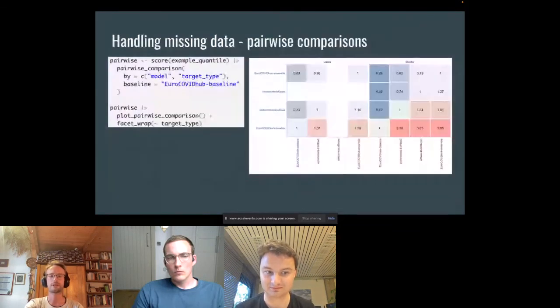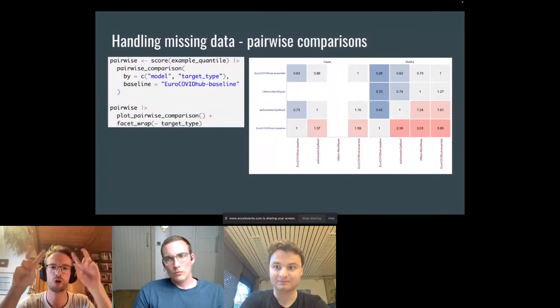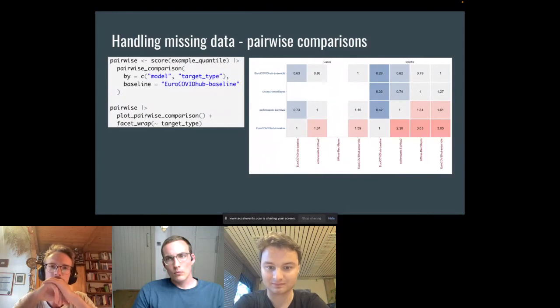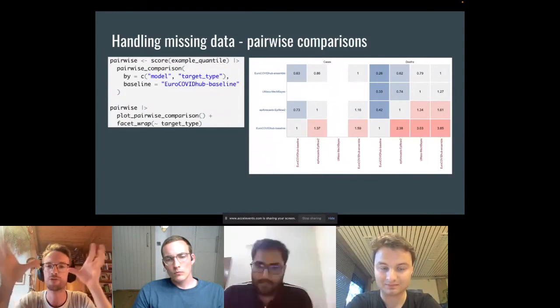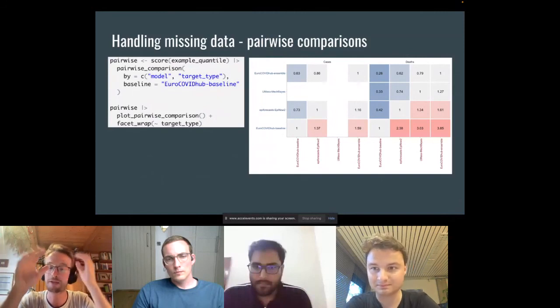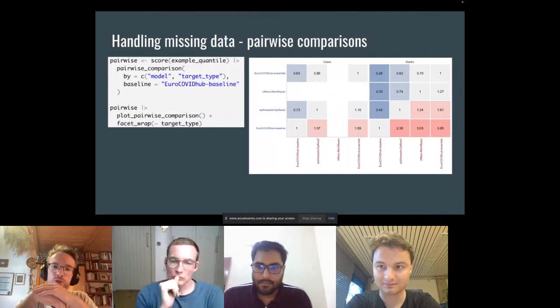Yes, in some sense, yes. What the pairwise tournament does is it compares models based on the common set of forecasts, which means that if a model only has a few forecasts, then it might not have any overlap with any other model, which is of course a huge problem.